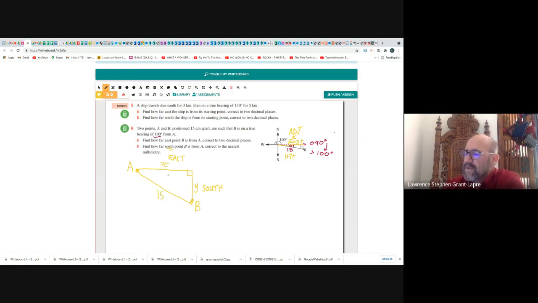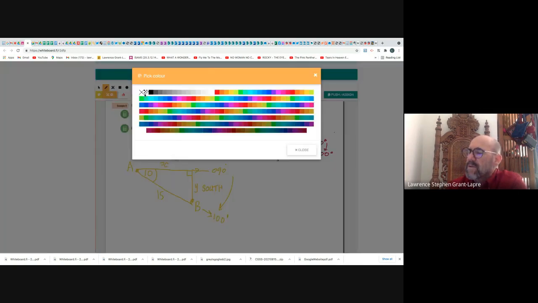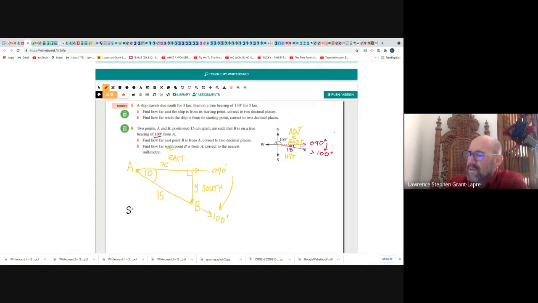So let's do X first. We found out it's 10 degrees, because if that's 090, 10 degrees more will take you to 100 direction. All right. So we'll use that triangle. Cos of 10 degrees is equal to adjacent over hypotenuse equals x over 15.